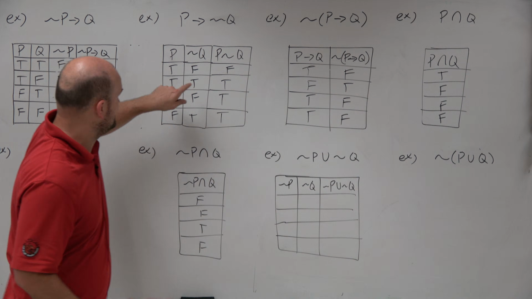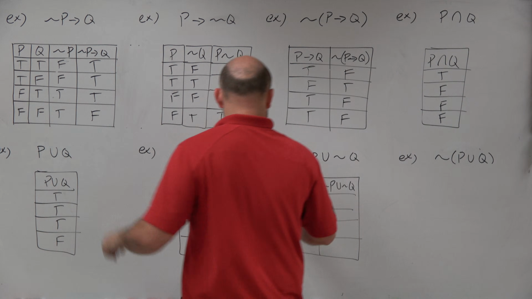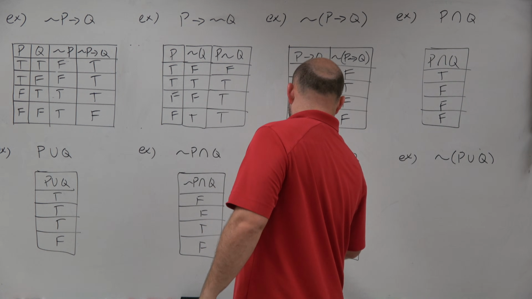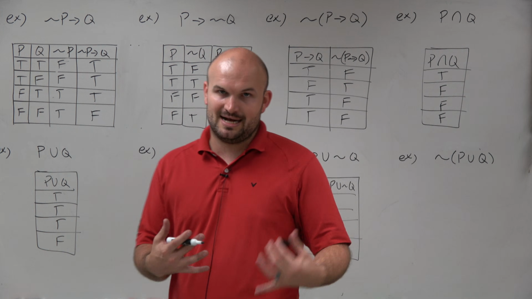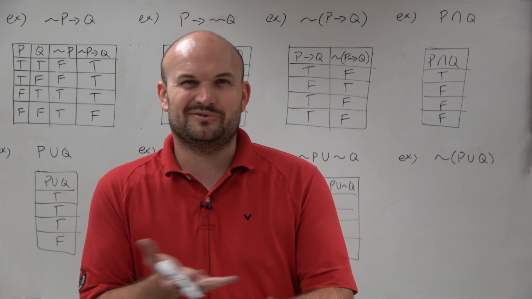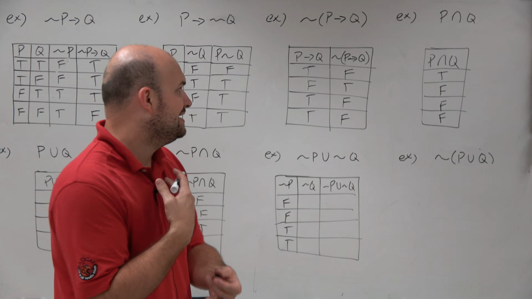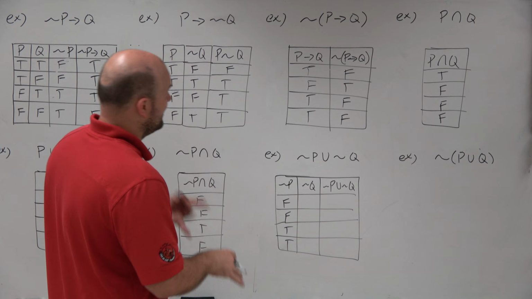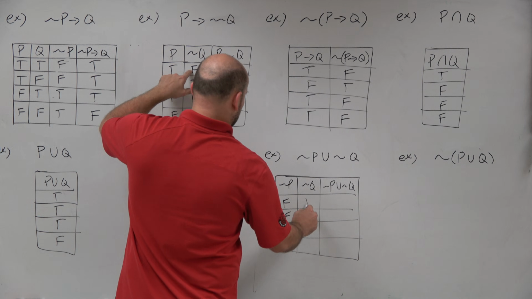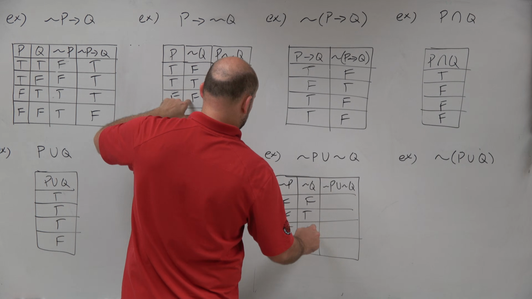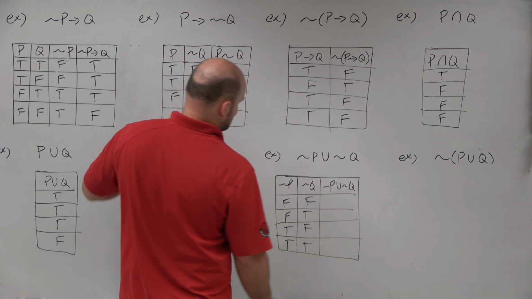Obviously, I could probably take the answers back in from here. But it's always good when you're doing these to create your truth table. And hopefully, more likely than not, on a test or on homework, you're only doing like 1 or 2 of these anyway. So it's not that much work to recreate the truth table. I'm obviously doing a lot of examples, so I don't want it to take too long. False, true, false, true. That's why I'm skipping some steps a little bit.